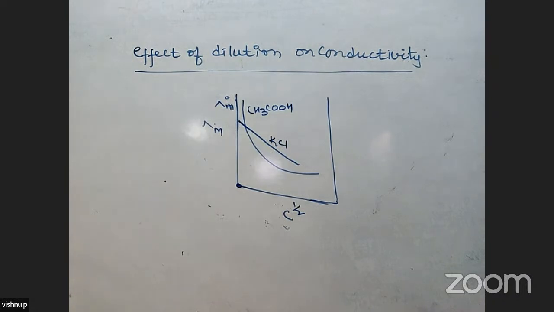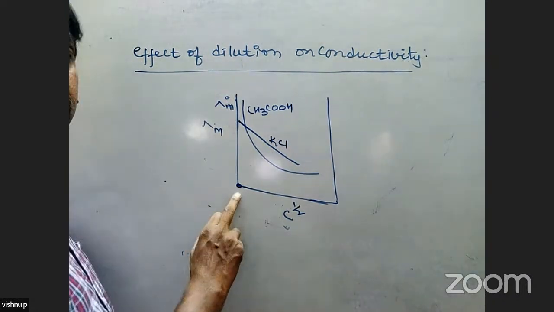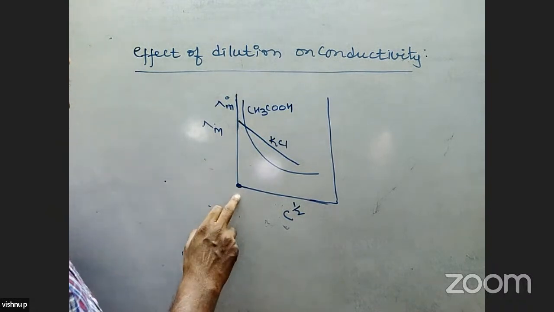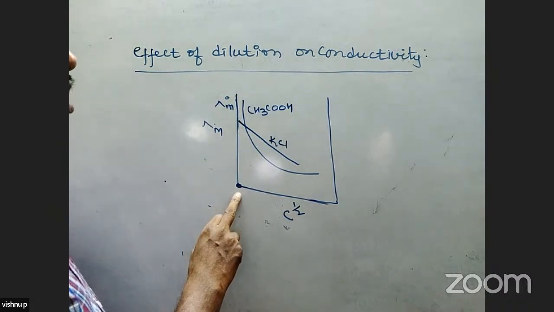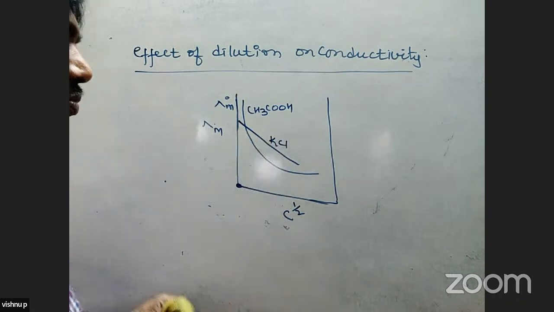A strong electrolyte at infinite dilution is completely dissociated, and its concentration is 0.